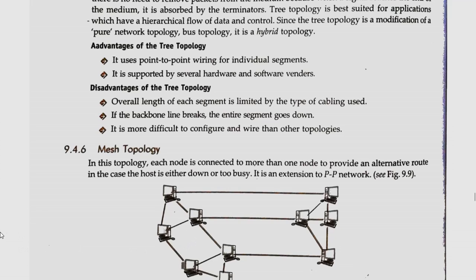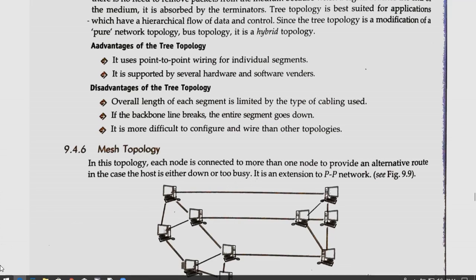So if one node is busy in providing particular information, it can get the information from other alternative nodes also.